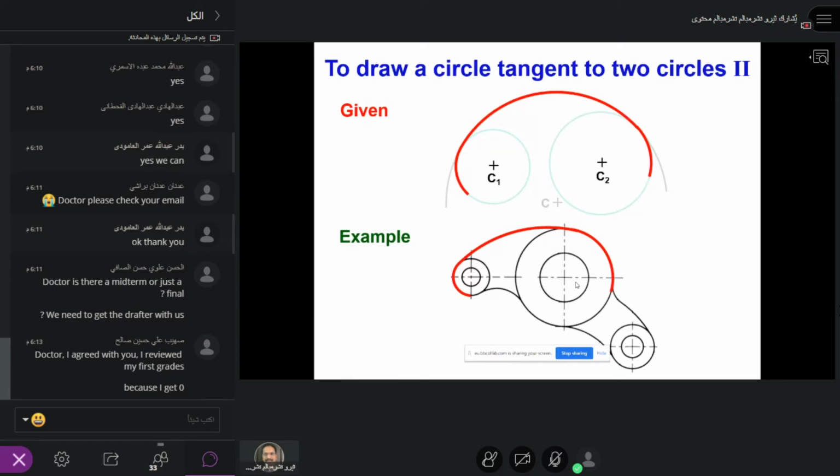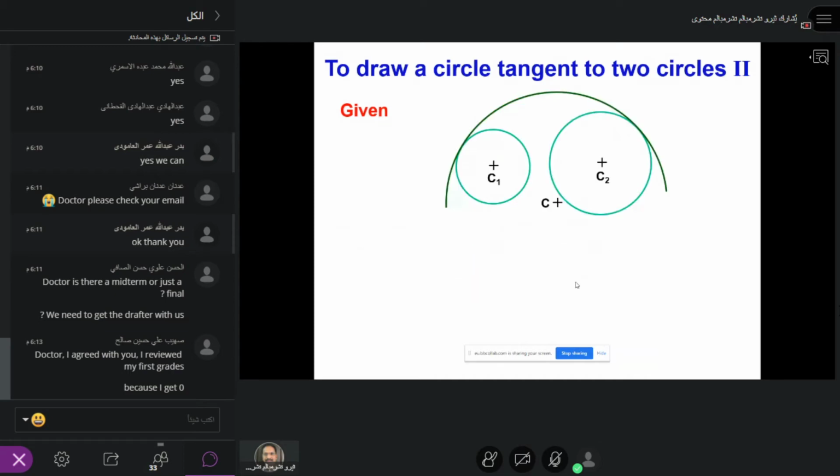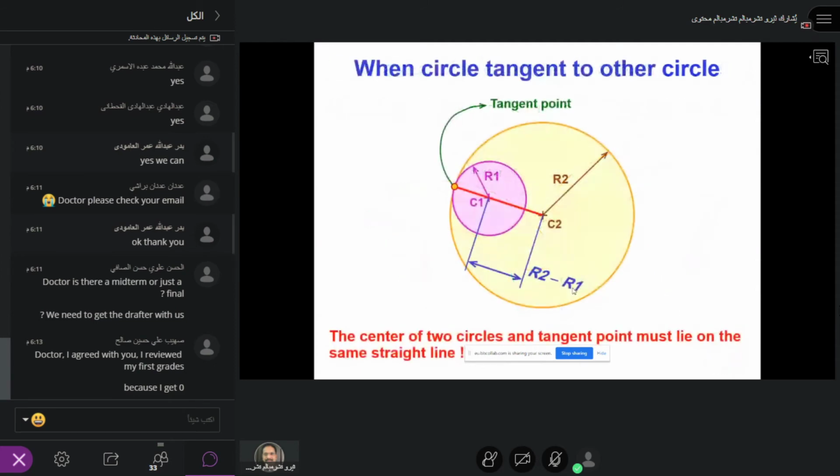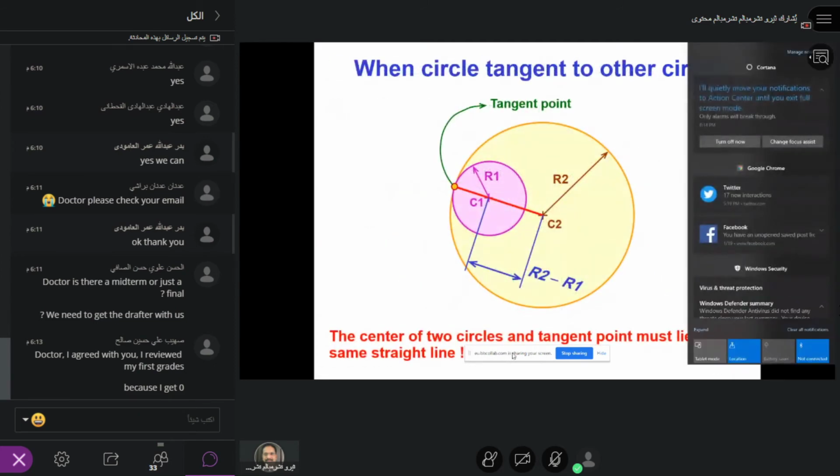We need to know how to draw such arcs. That's the idea. The first step we have already finished. The second one is to see the center of the two circles or tangent point. This we already know, R1 and R2. Let's see.